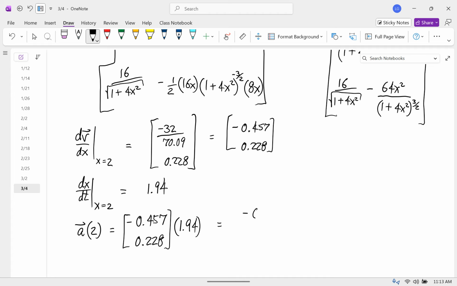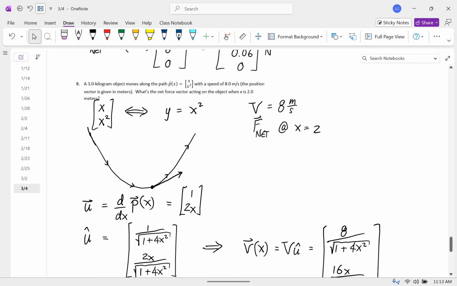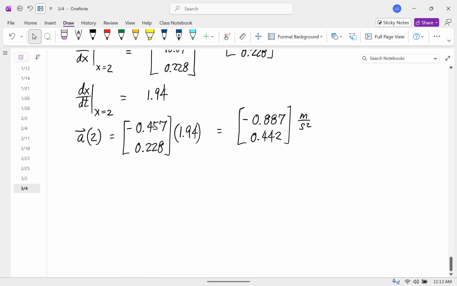And that is negative 0.887, positive 0.442 meters per second squared. So that's the acceleration at x equals 2. Don't celebrate yet because we want the net force. Okay, well, that's kind of anticlimactic because that's easy.